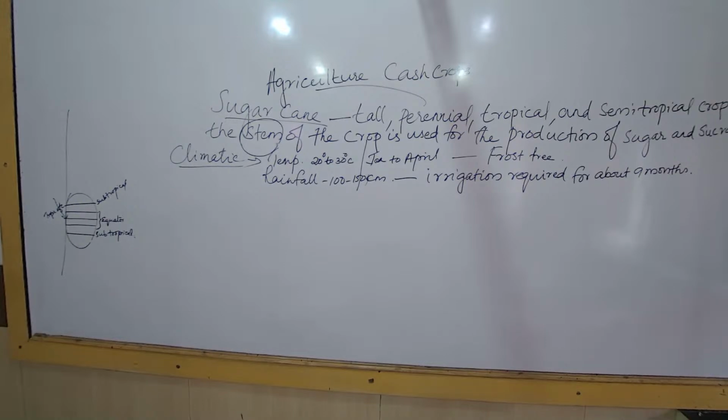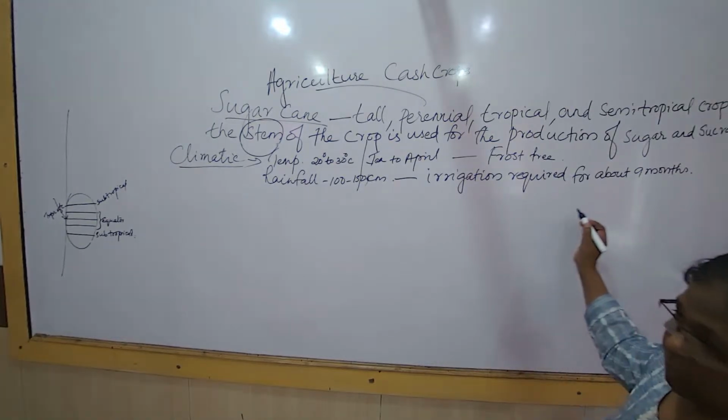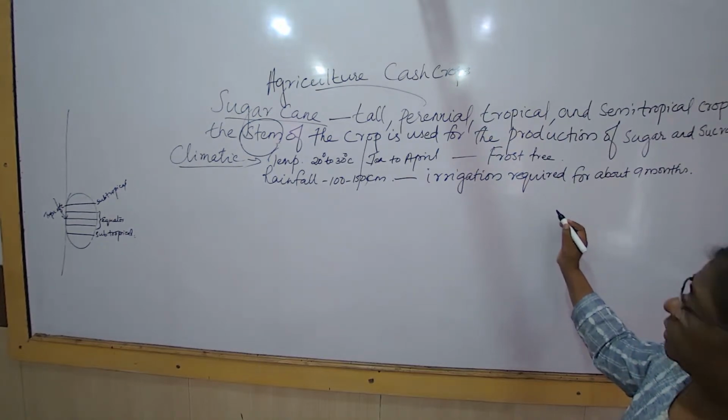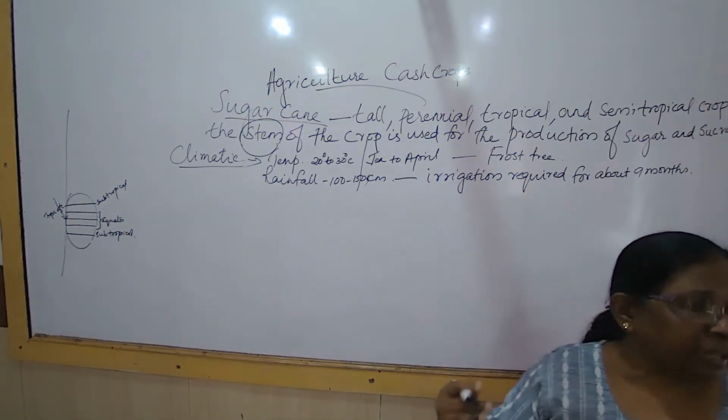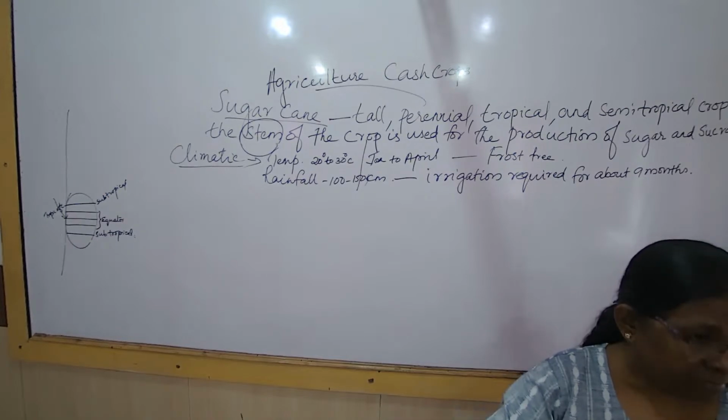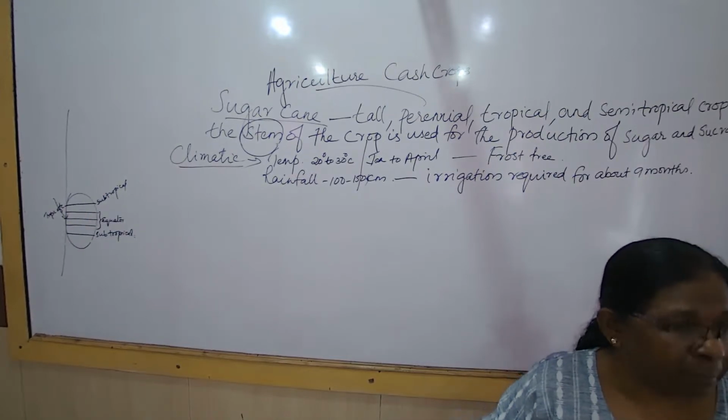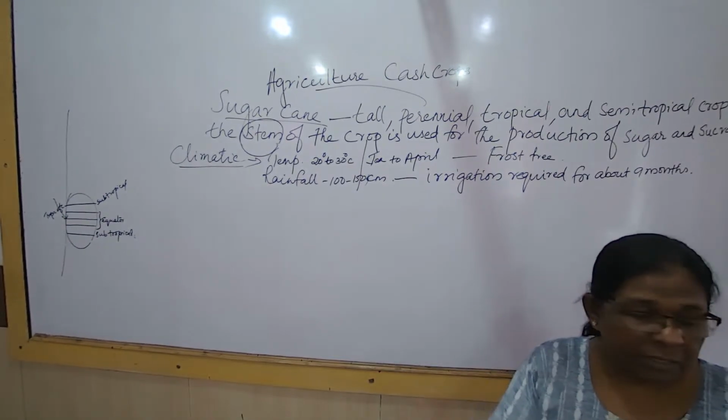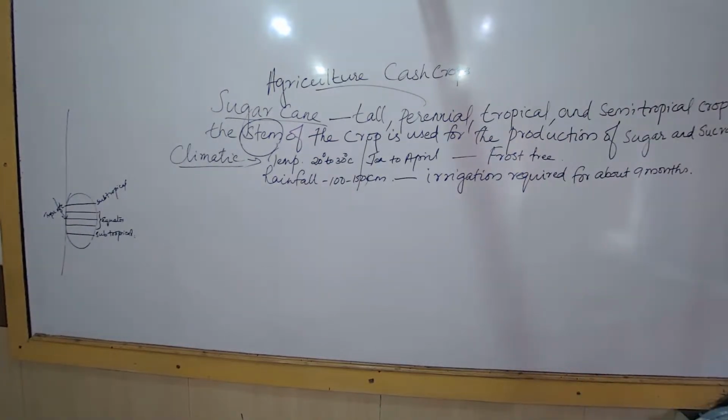So, what is that? During the growing season, if there is water, that means flooding or like that, it is very bad. The stem will get spoiled, and the sugar content will reduce. So it cannot grow in flooding water. That means, what is that?